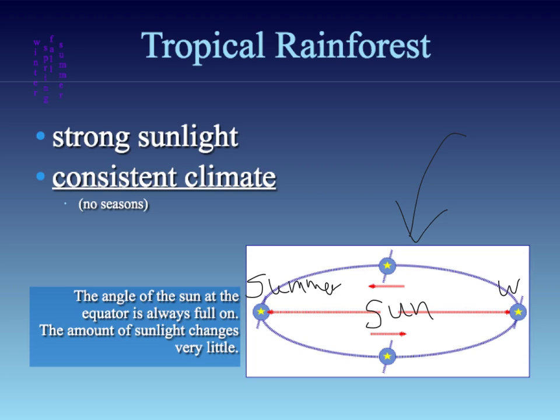This would be winter. This would be spring. And this would be fall or autumn. And the reason that I know that winter is over here is because, again, the northern hemisphere is tilted away from the sun, like we learned last semester.